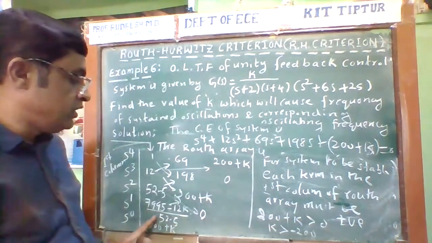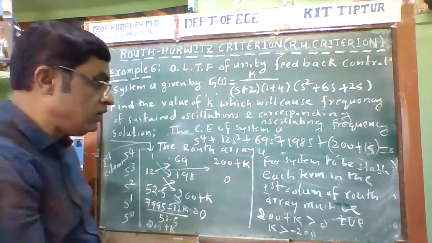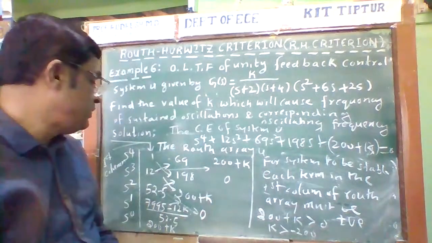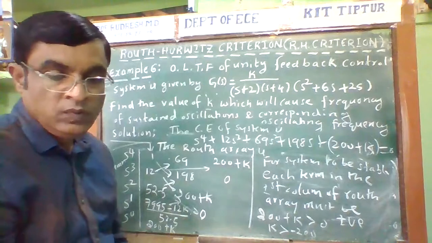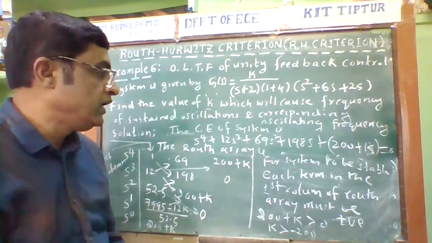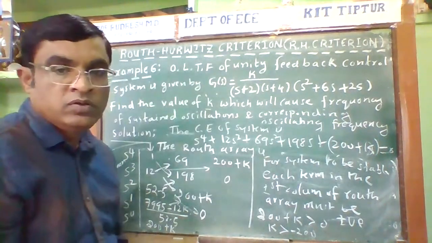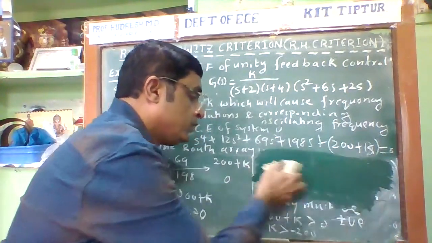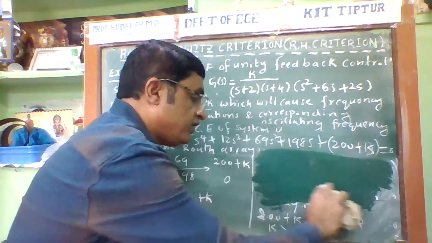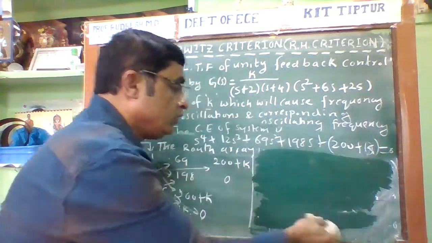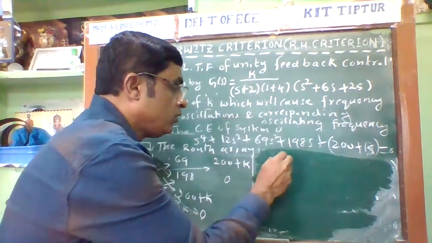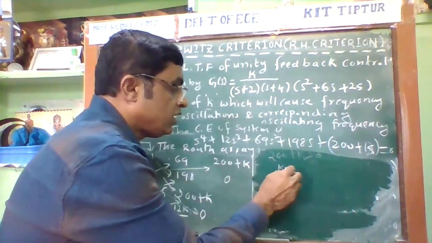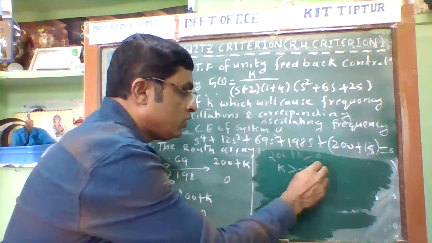Similarly, this term value must also be greater than 0. Therefore, 200 plus k must be greater than 0, so k must be greater than minus 200.